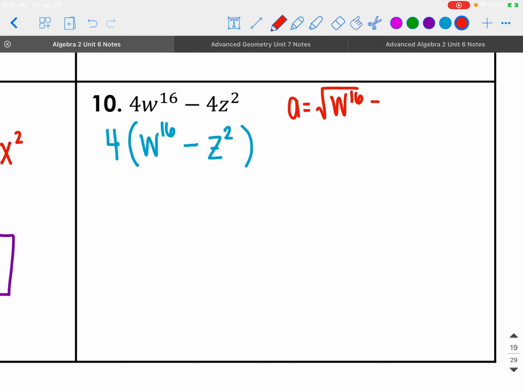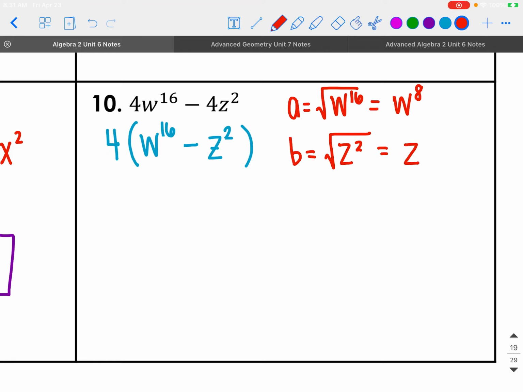So my A is the square root of W to the 16th, which is W to the what? It's not 4, it's 8. Remember, when you have variables, you just divide the exponent by 2.